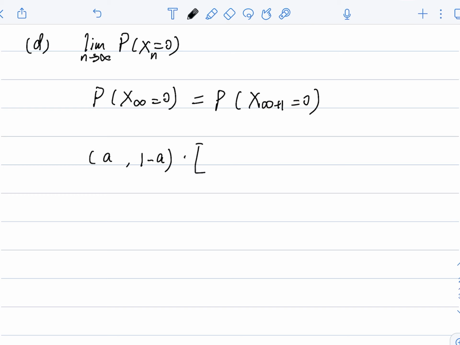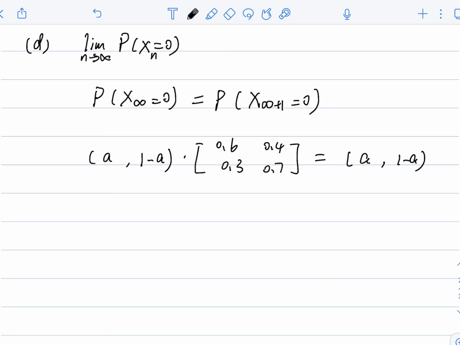And calculating x infinity plus 1 by using the matrix, it is also equal to a, 1 minus a.